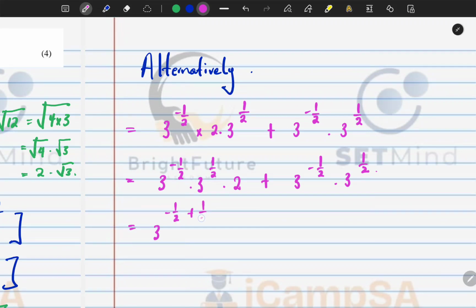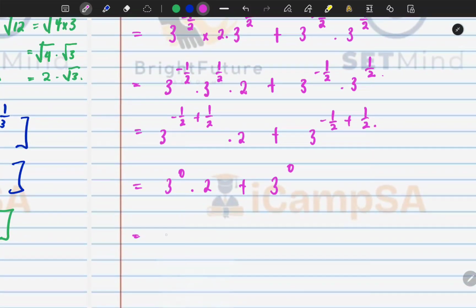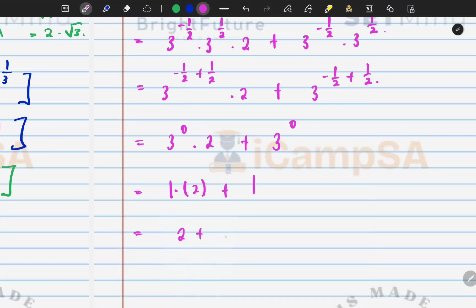You add the exponents, negative 1 over 2 plus 1 over 2, which would have given you 3 to the power of 0 times 2 plus 3 to the power of 0. Anything to the power of 0 is 1, so you would have 1 times 2 plus 1, which equals 3.